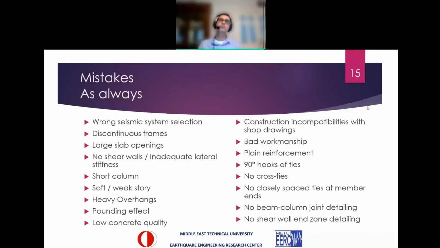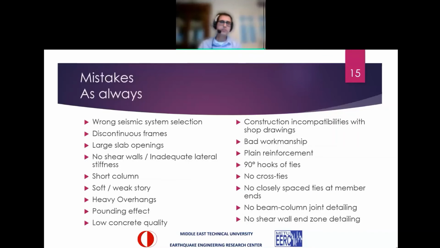Architects and civil engineers should work together, especially at this stage. I already gave the example for large slab openings. If you have very, very large openings on the floor, you have to consider it in your modeling.